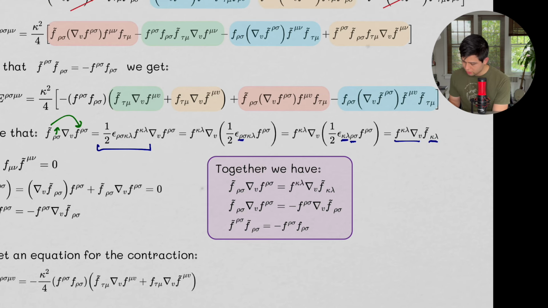So we have this here, the negative, right? So let's see here. So we're raising these two indices, the duality is traveling across the derivative, so we get this negative sign.